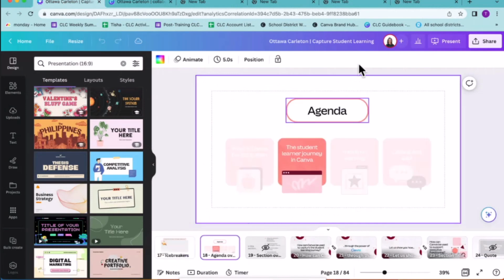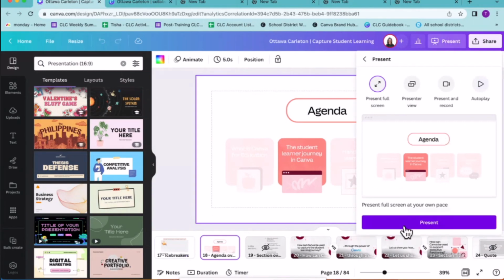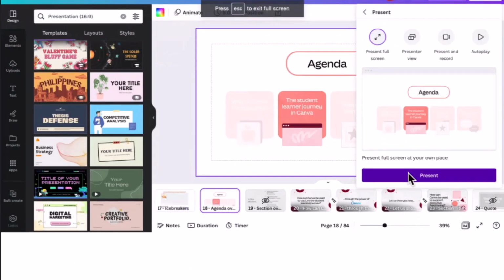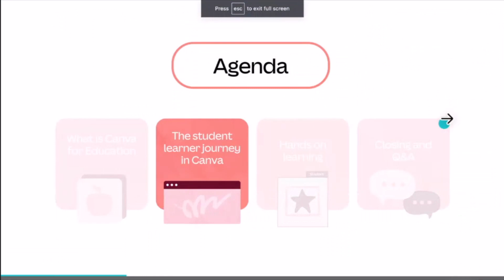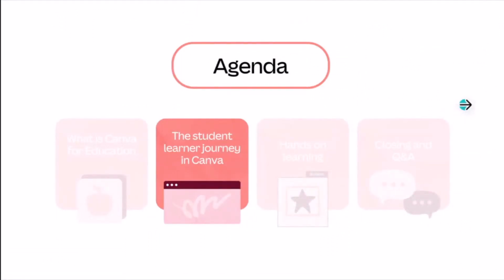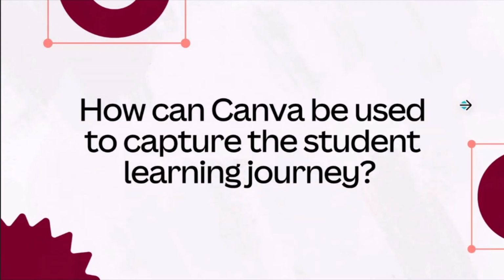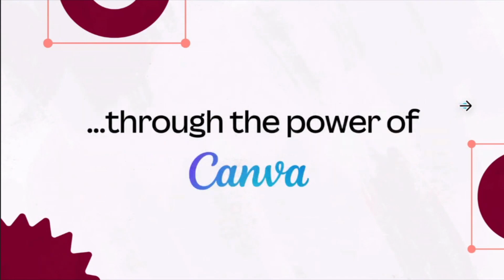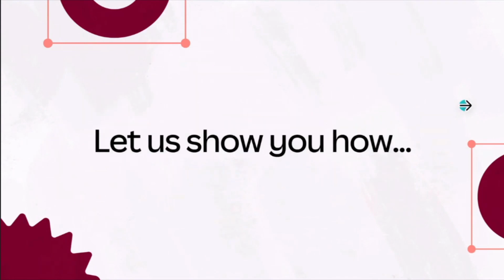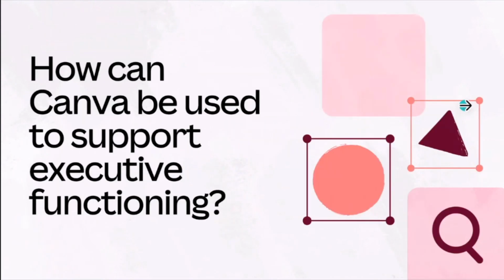And now we are going to be moving on to talk about the student learner journey in Canva. And there's just so many ways that we are going to be able to, again, empower our students in Canva for education. And so we're going to start with talking about supporting executive functioning.